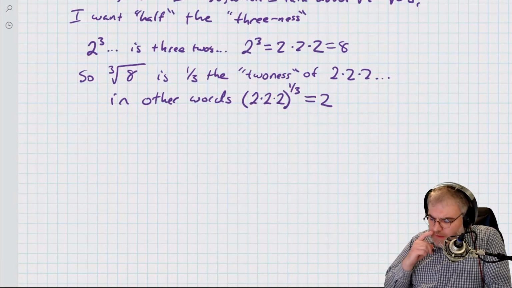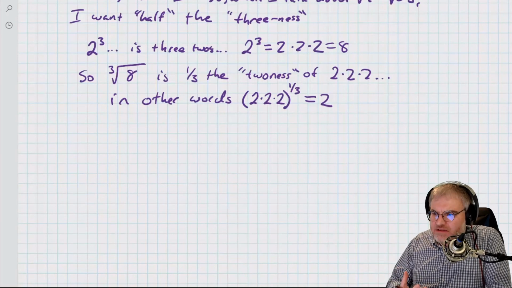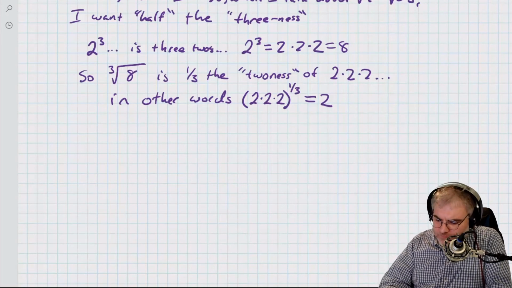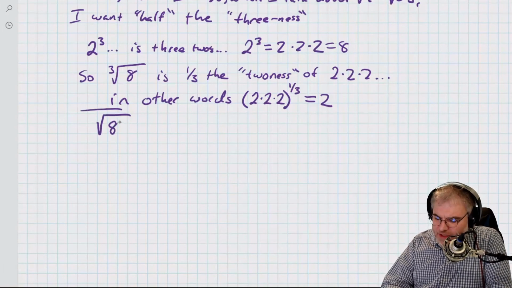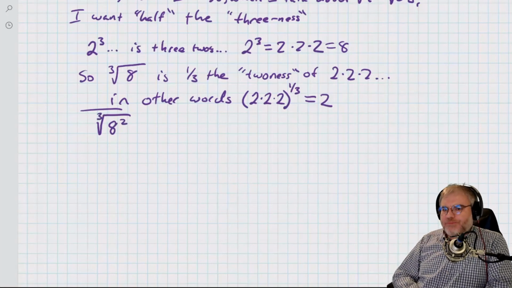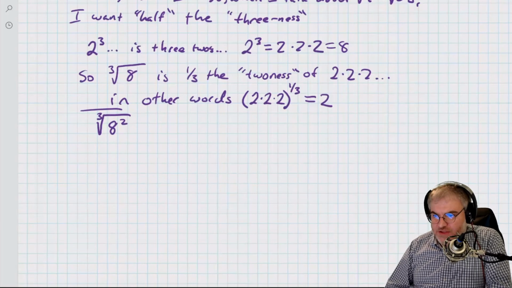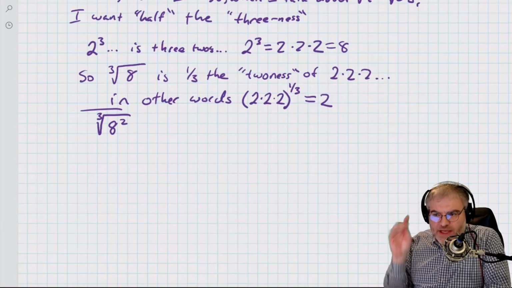Okay, so what about the cube root of 8 squared? New problem. What about this one? I want 8 squared and I want the cube root of it. Now I could square 8, I'd get 64 and then take its cube root. Right? I could think of it that way.